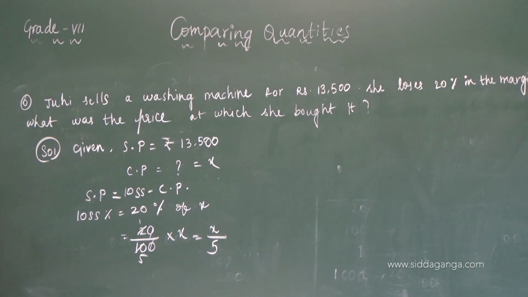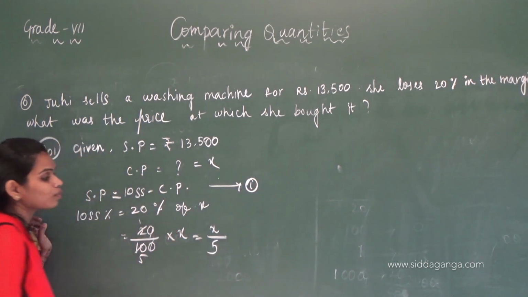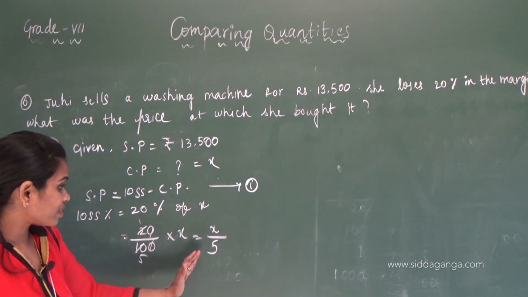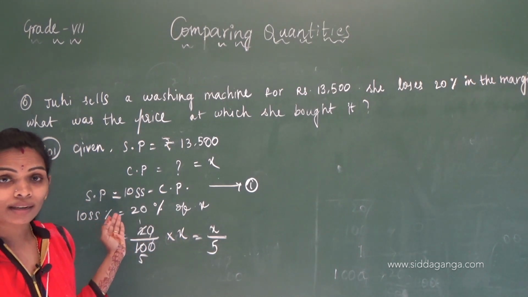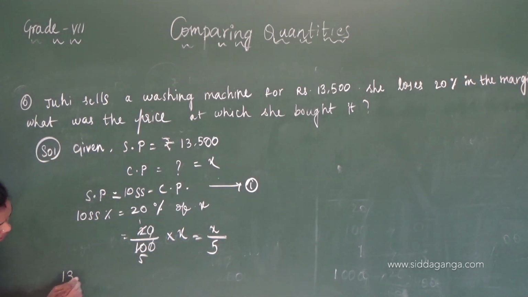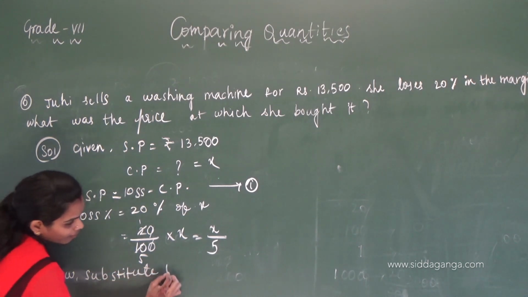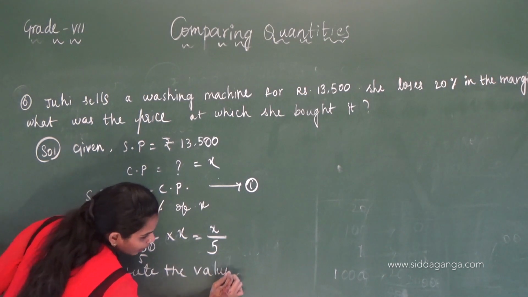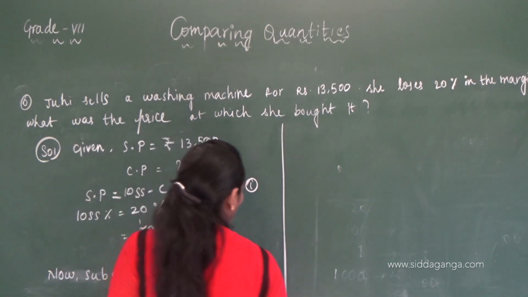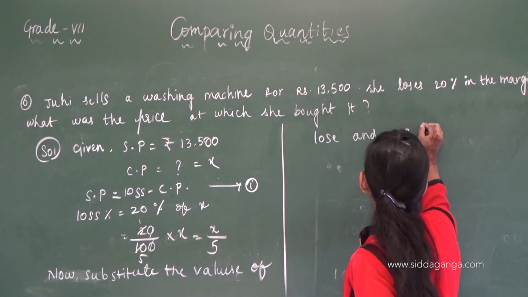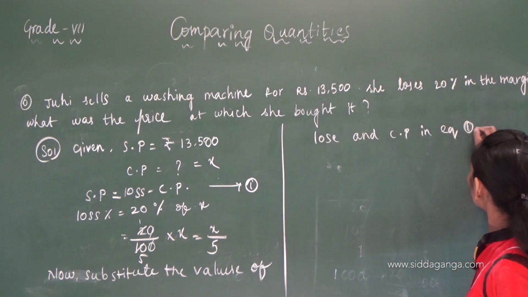Now substitute the values of loss and CP in equation 1.